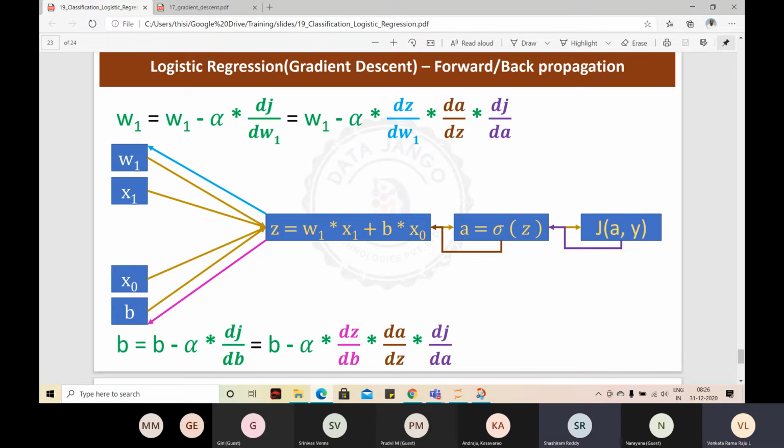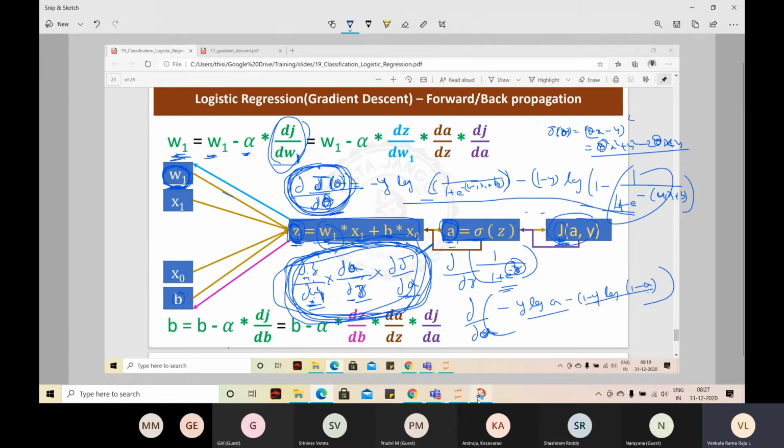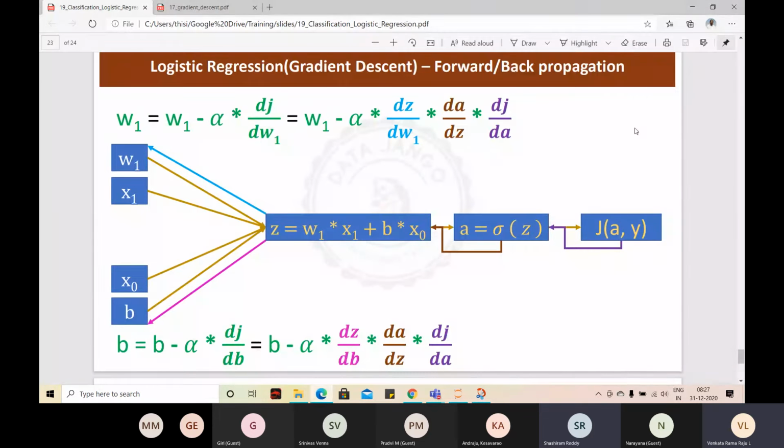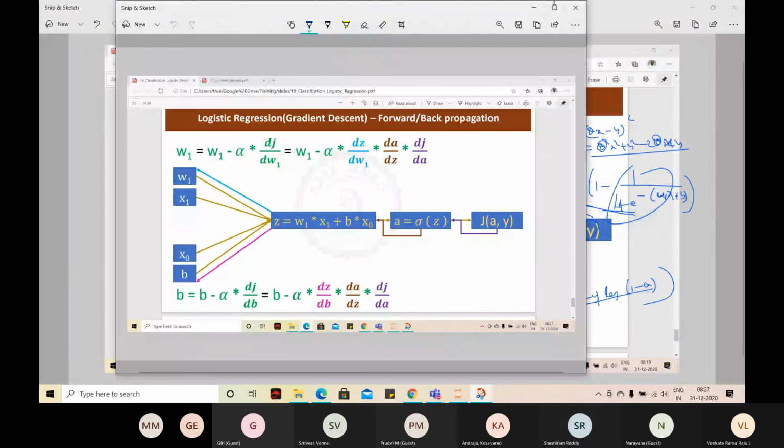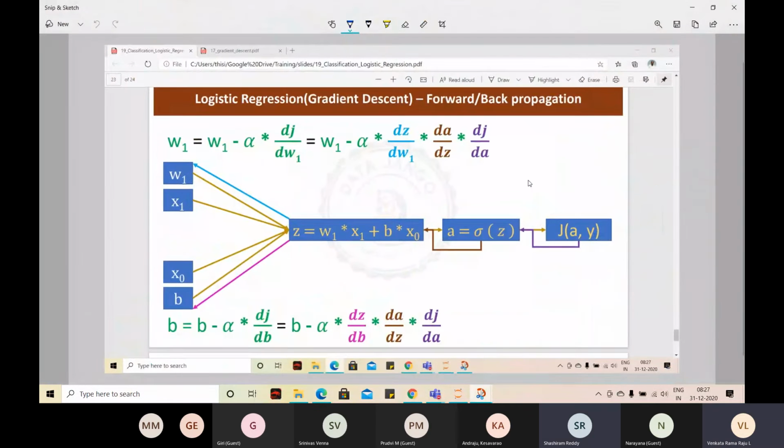This is a notation actually. Sigma is the sigmoid function: 1 by 1 plus e power minus z is represented as sigma z. Not clear? Okay. z is equal to w1x1 plus bx0, that's it.